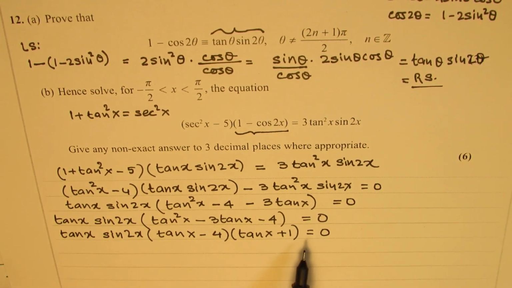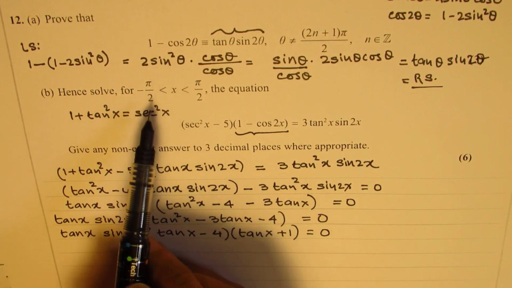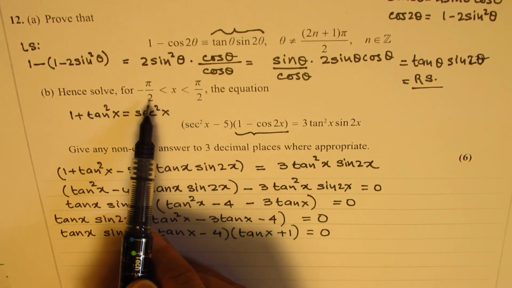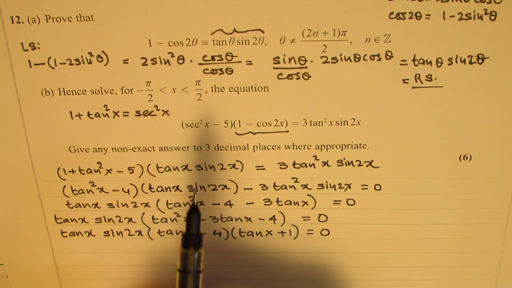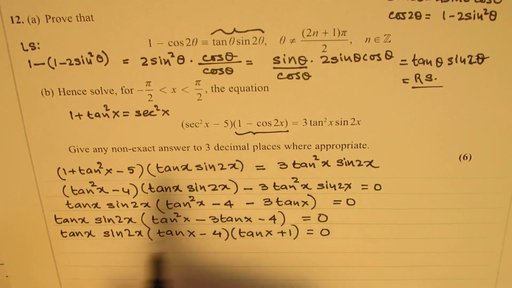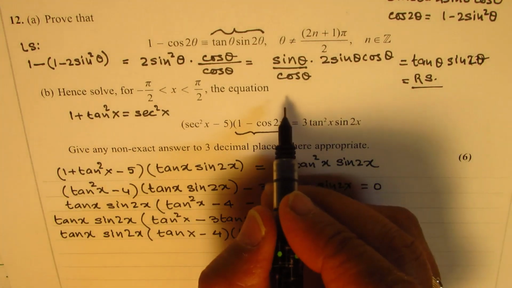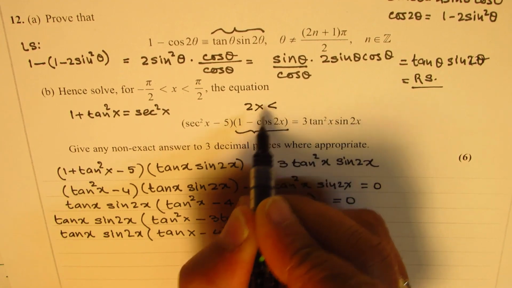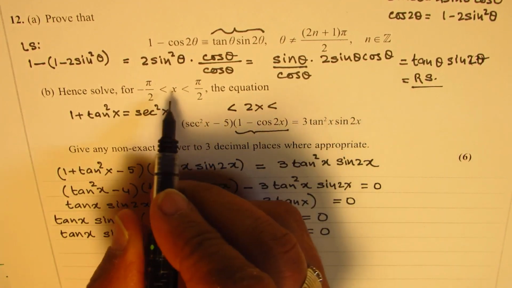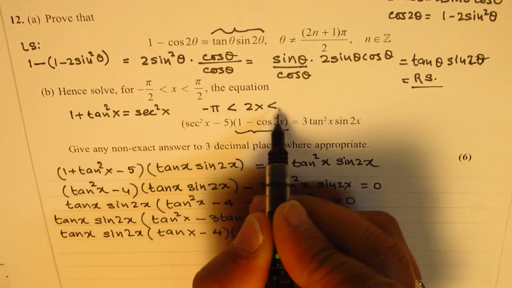Now each one of these factors will give us the solution. So tan x equals to 0. And remember, we are working in this domain, which is minus pi by 2 to plus pi by 2. For sine 2x, if I write 2x here, in that case the domain will become from minus pi to plus pi.